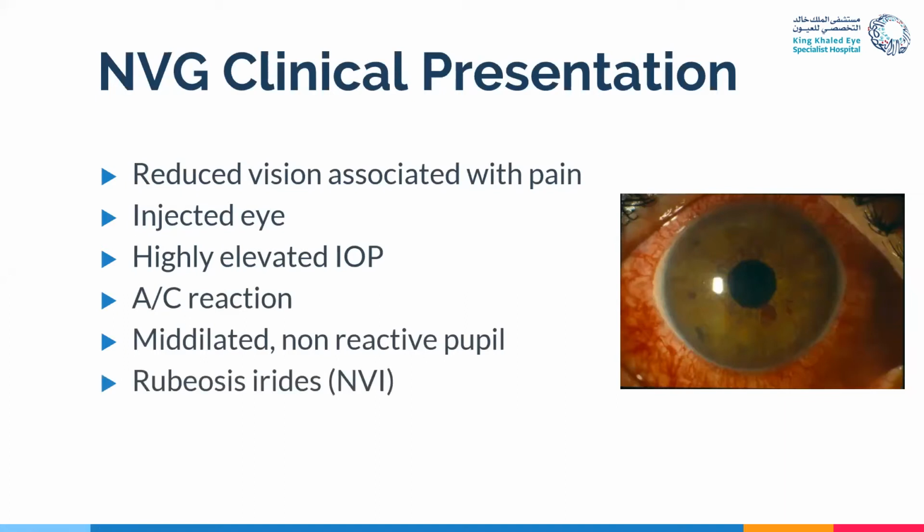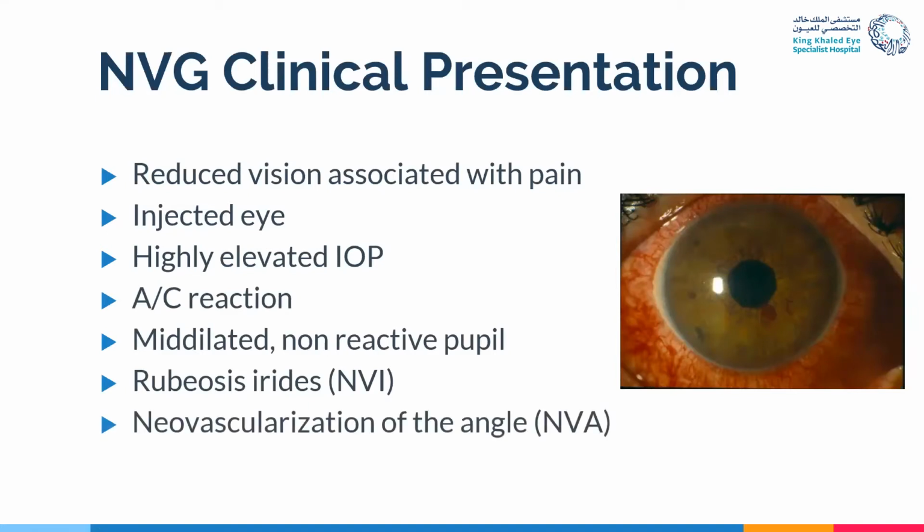Rubeosis is the hallmark of the iris. New vessels on the iris are the hallmark of the disease. Sometimes, in 12% of cases, you may not see new vessels on the iris or the pupillary border, but you can see them in the angle. So if you don't see new vessels, the hallmark, on the iris, don't say this is not neovascular glaucoma.